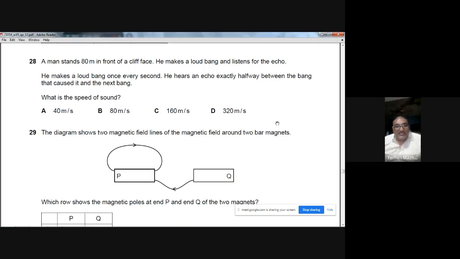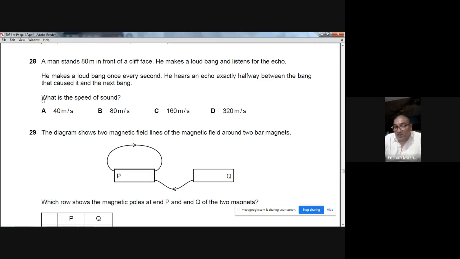So the total distance traveled by the sound is 160 meter. So divide 160 meter by 0.5 second. Let's see what's the answer. If I use the calculator, 160 divided by 0.5, the answer is 320. 320 is the speed of the sound. So D is the option. Question number 28.